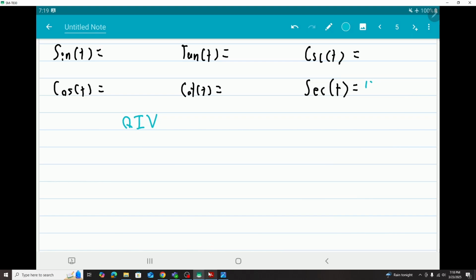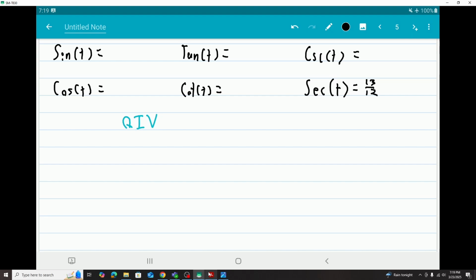So secant is 13 over 12. And now we need to find the other 5 trig functions from that. This is almost beat for beat the same problem as last time.